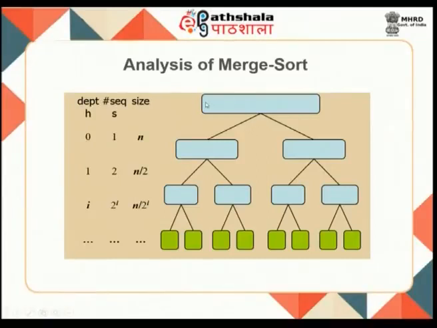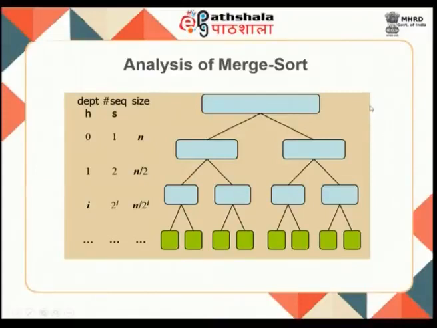So, you can see this is a problem of size n. In the next stage it becomes n by 2, n by 2, so that means it becomes n. Here it becomes n by 4, n by 4, n by 4, n by 4. It is 4 into n by 4, that is n. So at every stage the cost of the recursion tree is n.